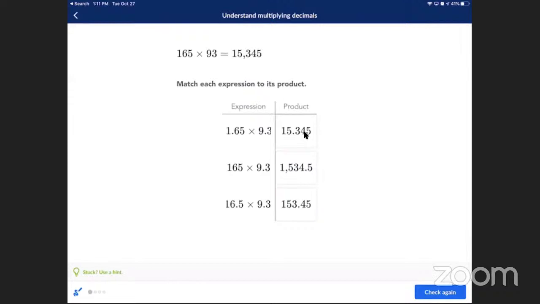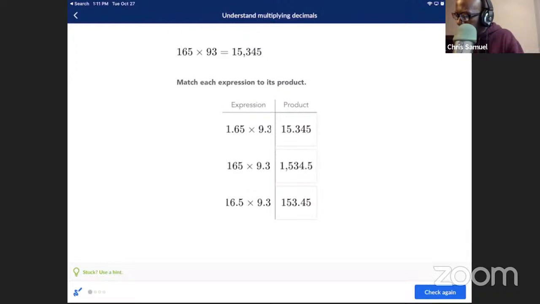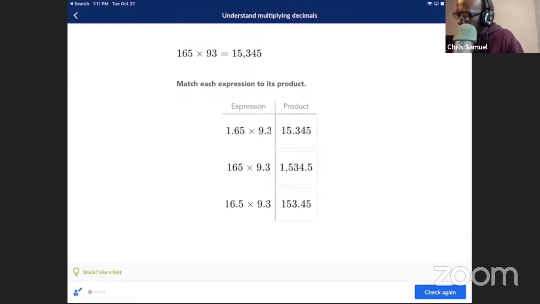And then you have, what do you call it again? Basically, what we have here is the 16.5 times 9.3, which is 153.45. And that's probably just like 9 times 16. So what I'm looking at is that as the whole number gets larger, we should expect a larger number.